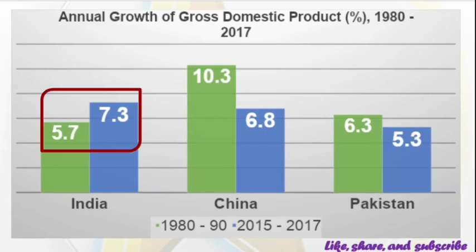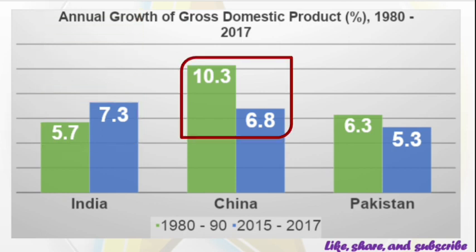While India's growth of gross domestic product during 1980 and 1990 was 5.7, it was 7.3 during 2015 and 17. There was a double-digit annual growth of gross domestic product in China with 10.3% during 1980 and 1990, and during 2015 and 17 it was 6.8.